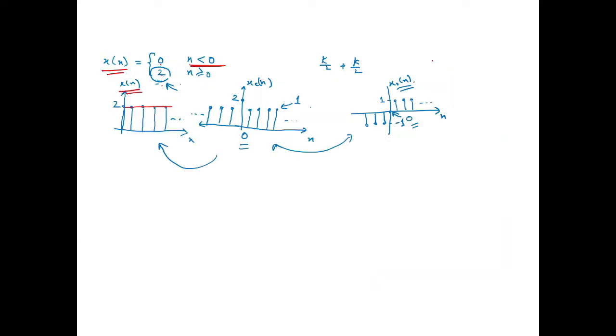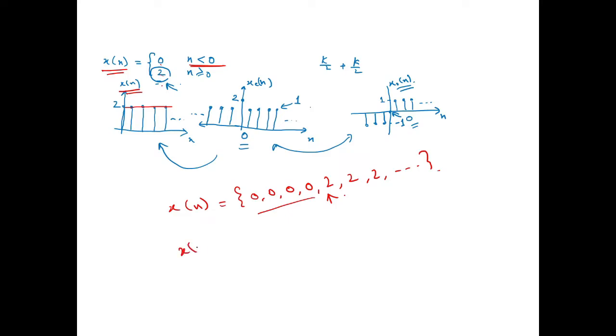What is x of minus n? At negative intervals, nothing; at positive, we have 2.